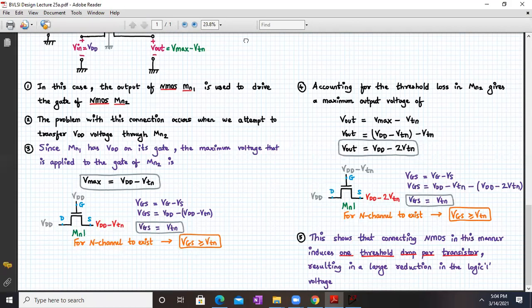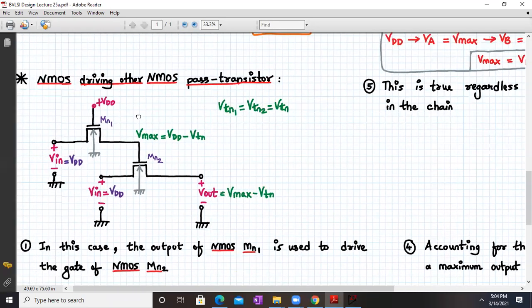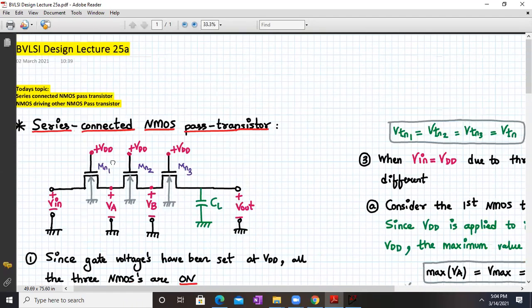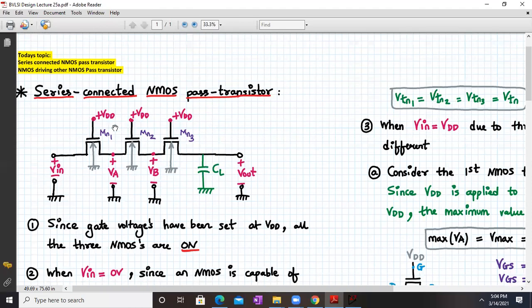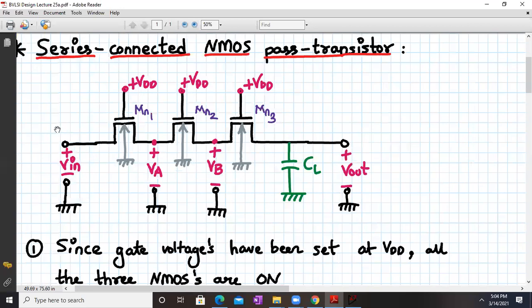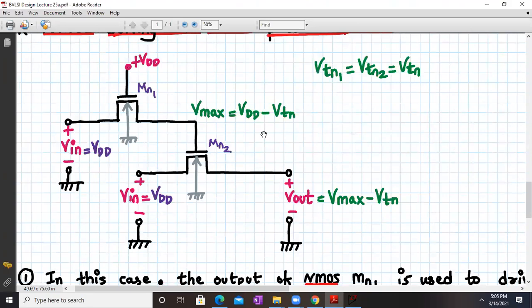So I guess we have completed the topic of an N pass transistor driving another N pass transistor, and the series connected N pass transistor logic. In any case, if a numerical comes, passing logic 1 or logic 0 in such transistors, you should be easily able to calculate the VA value, VB value, Vx value, and Vout value, given the circuit.